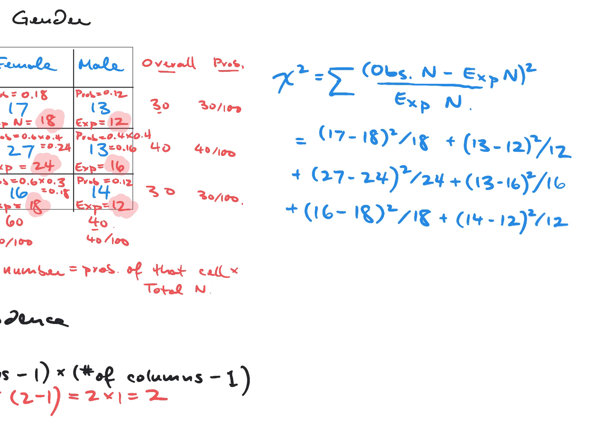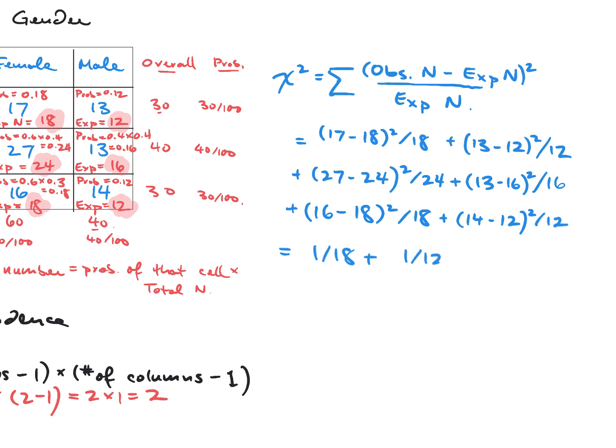Okay, so it's a lot of arithmetic at this point, right? Basic arithmetic. So let's see. Top left, that's -1 squared is 1 over 18. Plus 1 squared is 1 over 12.